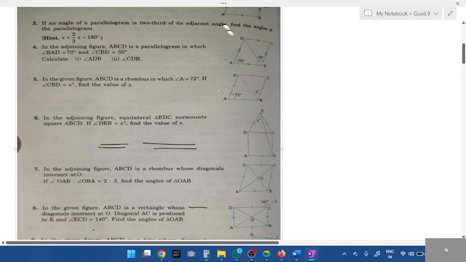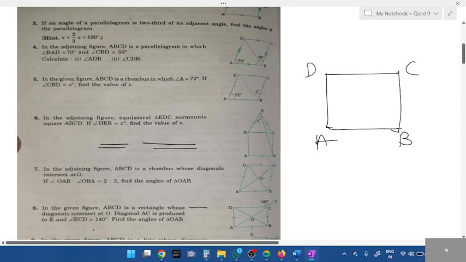We'll start from the sixth one. Shall we start the sixth one? What is given, students? How many diagrams are there in the sixth one? Be quick. One square and what else do we have? Read the sixth one, all of you. Square and equilateral. What do you mean by equilateral, students?